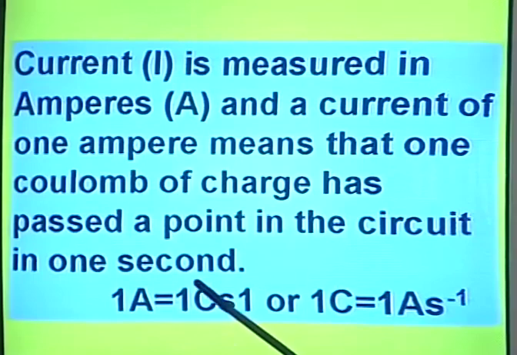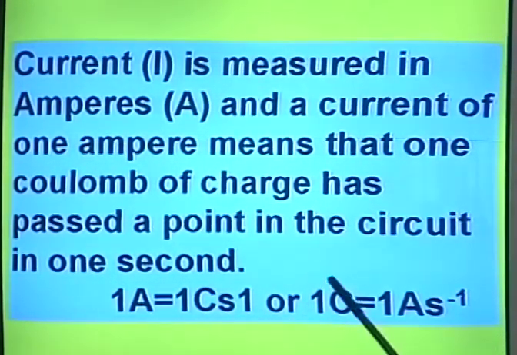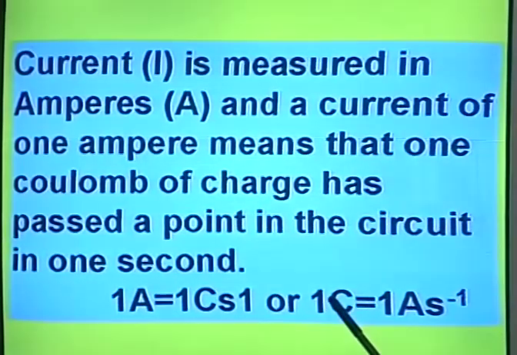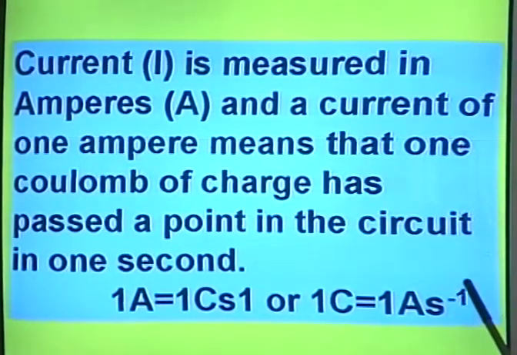All right, that is for this. Okay, there is an error with this. Or you can have it as 1 coulomb equals 1 A s. So not -1. This -1 should be removed.